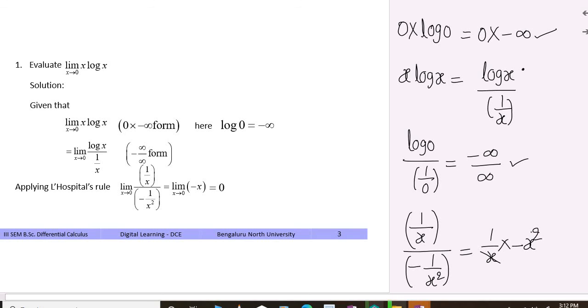So, one x gets cancelled. Then, the remaining value is minus x. Now, substitute x equal to 0, then we are going to get 0 as the answer. That means 0 is a finite value. That's why the answer for the given question is 0.